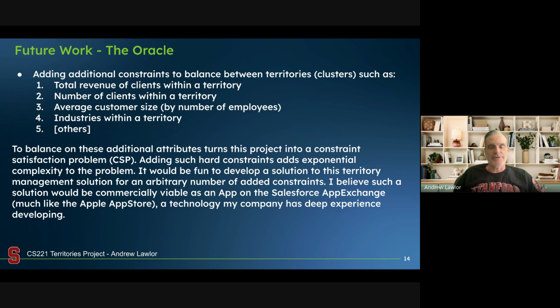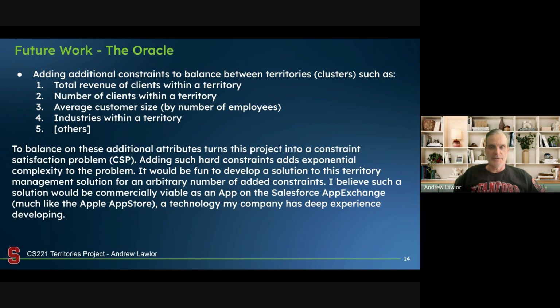And when you add these additional attributes to this problem, it turns the problem into a constraint satisfaction problem, which can be significantly more complex to solve, but it would be fun to develop that solution and find even more business-friendly territories that customers could use and benefit from automation.